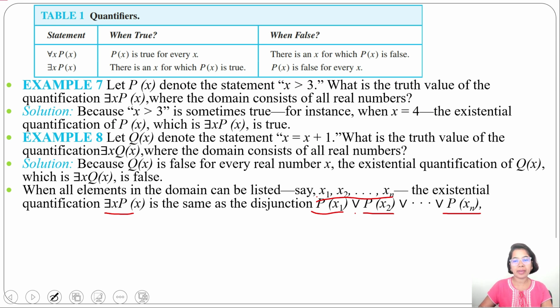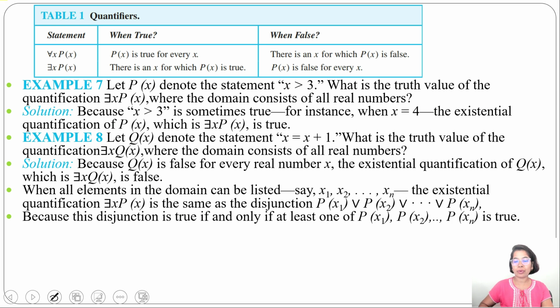If at least one value is true, then it is true. A disjunction is true if and only if at least one of P of x1, P of x2 up to P of xn is true. In the same way, there exists x Px will be true if for at least one x value it is true.